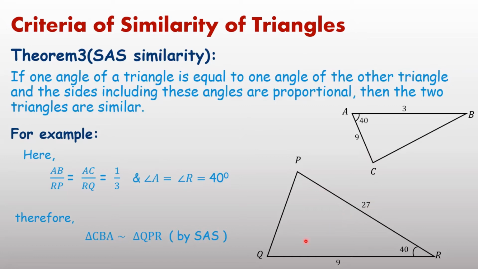It implies we start from Q, P. In this pattern, these two triangles are similar. Up to here, the criteria of similarity are covered. Three criteria are there: triple A, triple S, and SAS similarity. That is the minimum requirement to prove two triangles as similar.